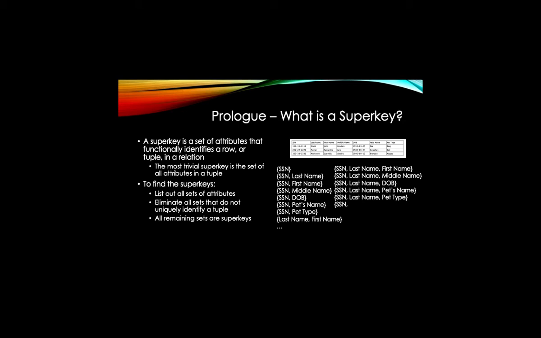We don't think about what could happen over space and time as we bring in new employees and things like that. At some point in the future, is it possible that we could end up with 2 or more employees that have the same combination of last name, first name, and middle name? Yes, that 3-tuple candidate is out now.